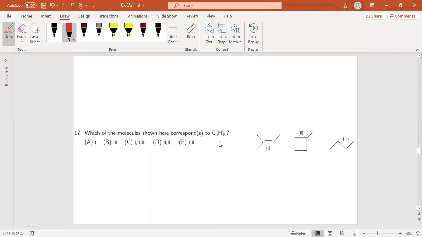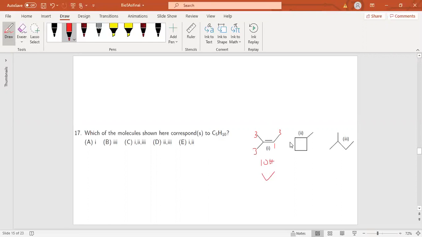So now let's move on to looking for our 10 hydrogens. So in molecule 1, we have 3 hydrogens here. We have 3 hydrogens here. We have 3 hydrogens here. And we have 1 hydrogen here, because each carbon can be bonded to 4 different atoms. So in this case, we do have a total of 10 hydrogens, which does match our formula of C5H10.